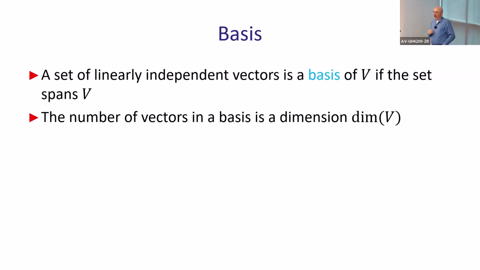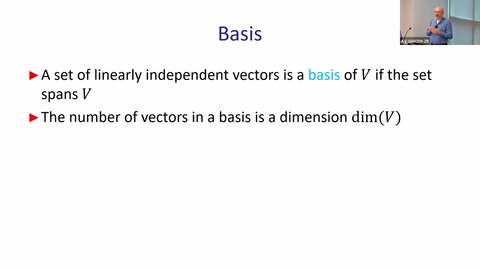Okay, so we have an additional definition here, which is called dimension. The number of vectors in a basis of a particular vector space is called dimension. And we write that as dim of V. Again, this definition corresponds to what you would assume dimension is, because if the vector has length n, the dimension is n.